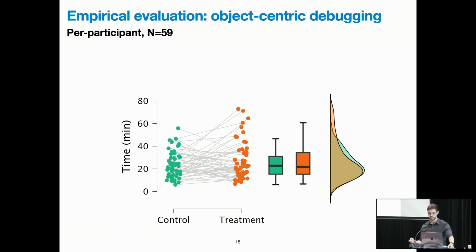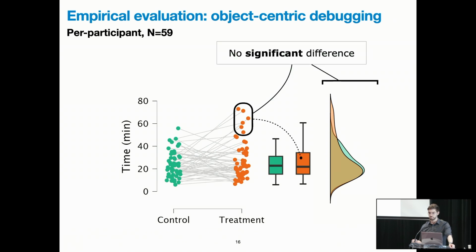So this is a diagram that shows how our participants performed in terms of time on the control tasks or treatment tasks. And there is no significant difference. The distribution is kind of the same, and except a few higher values in treatment that are reflected in the box plots, we cannot see any big difference.